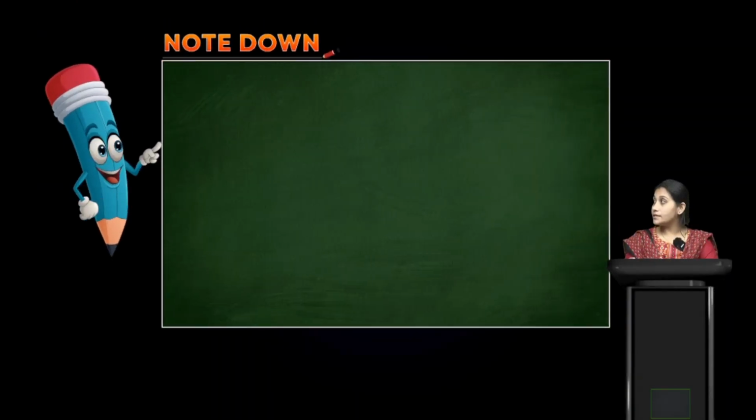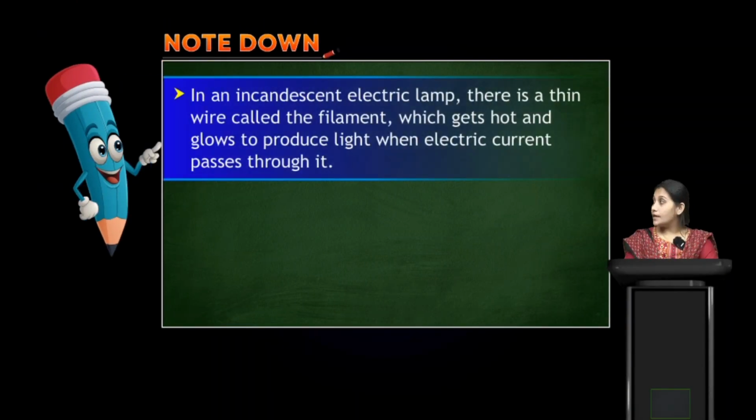So let's note down. In an incandescent electric lamp, there is a thin wire called a filament, which gets hot and glows to produce light when electric current passes through it.